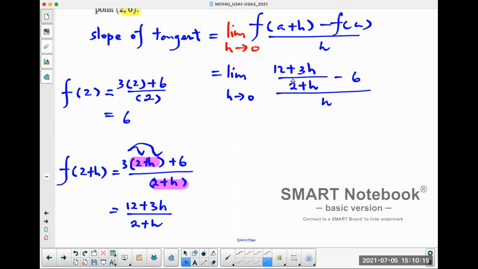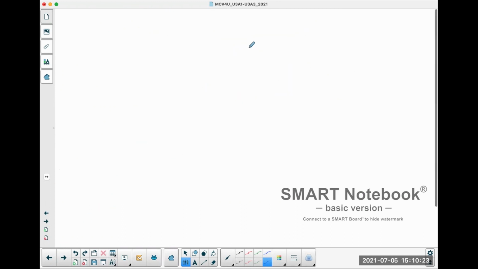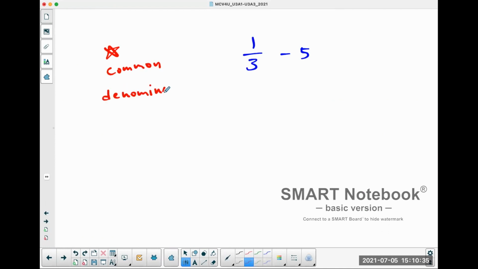A rational function by default is a fraction. That's called a rational function. Now, how do we do fractions? So if you have something like this, how do you subtract them? Well, the key with fractions is common denominator. You can only add and subtract when they have the same common denominator.